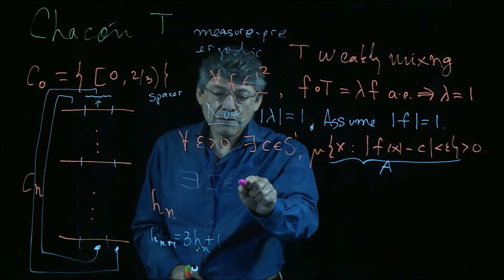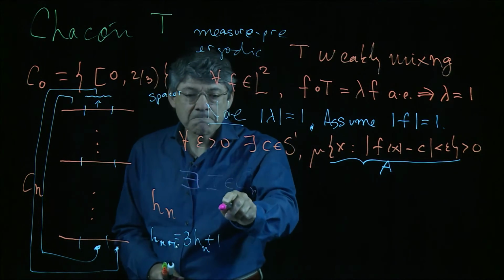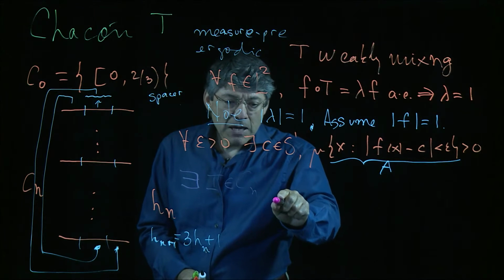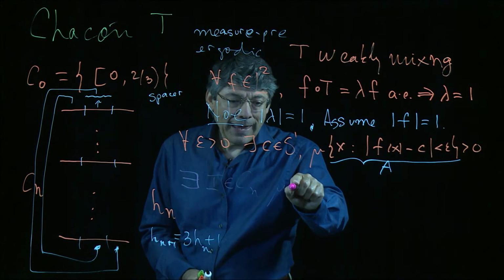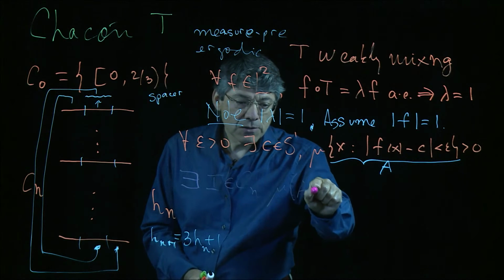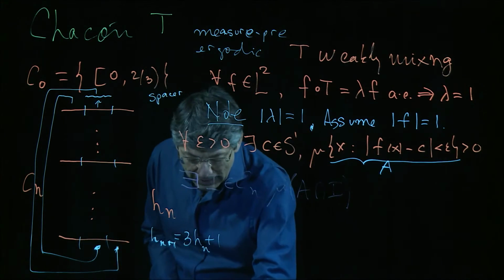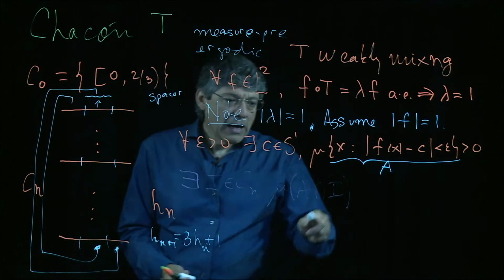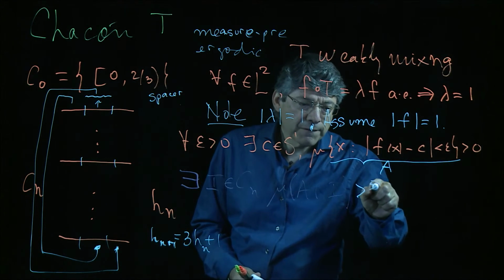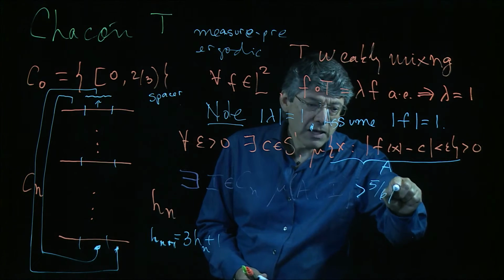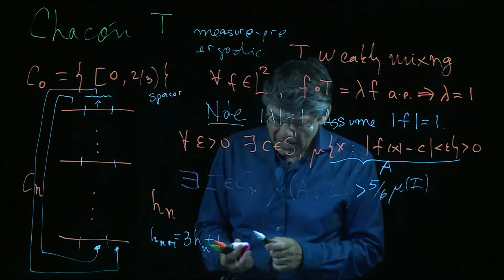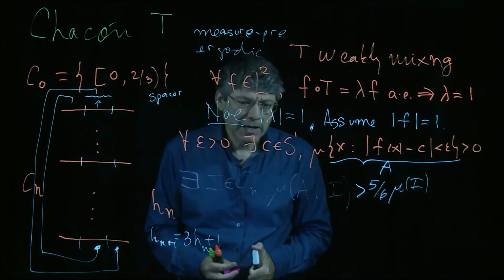In Cn, for some n, there has to exist a level I such that the measure of A intersected with that level I is bigger than, we will see that it's enough to take, 5/6 of the measure of I. Okay? But intuitively, it's a good idea to think about it as very full.